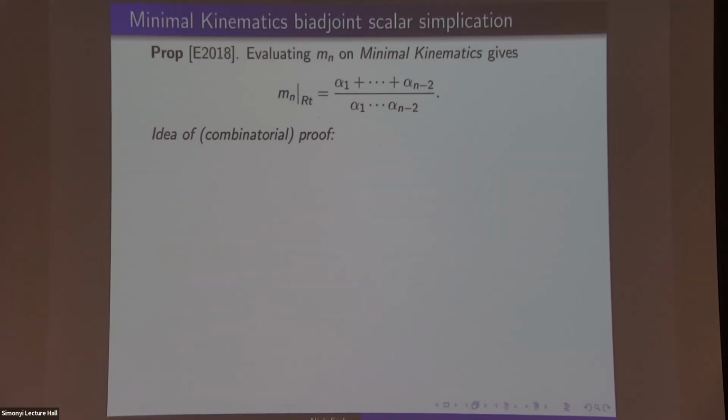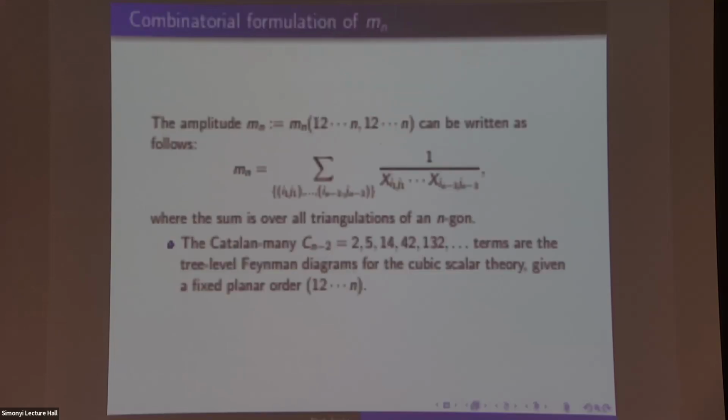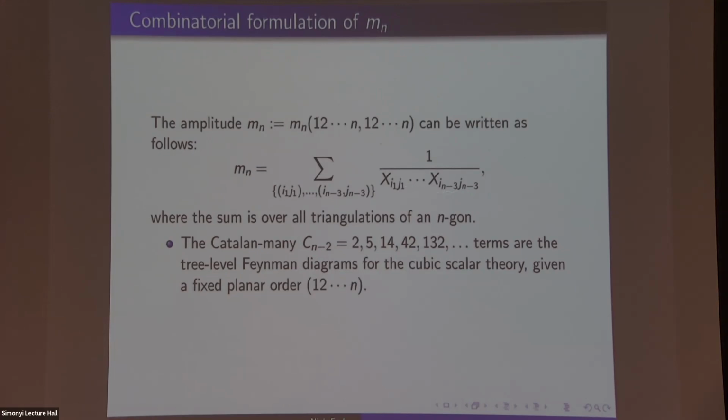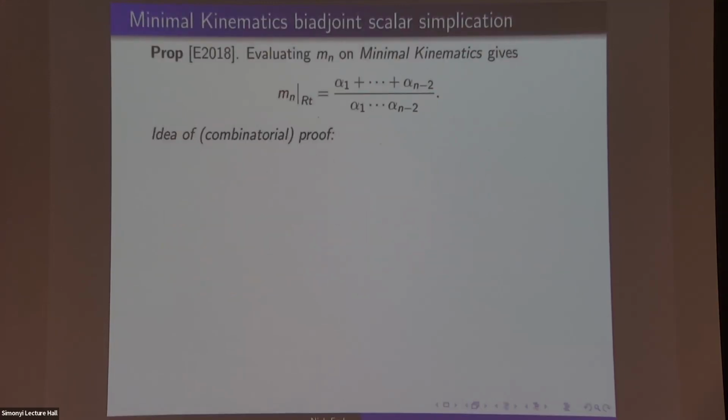And the proposition was that on minimal kinematics, you actually get this beautiful formula. So when you take this expression and restrict the x's to the sums of the alphas, then it simplifies to this expression.